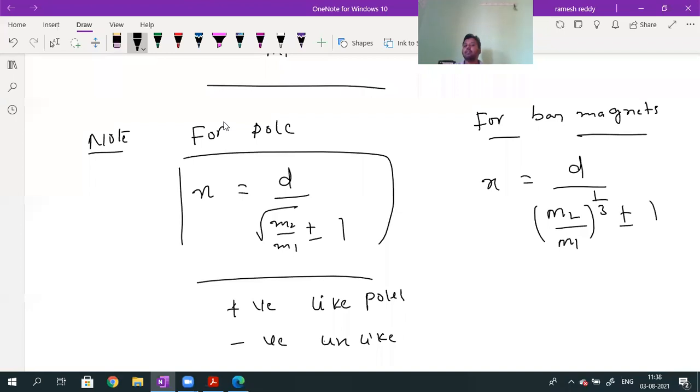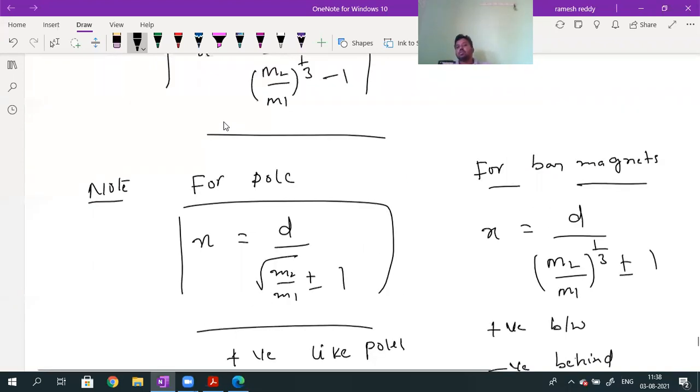Positive sign is for between the magnets, negative for behind the magnets. Okay? These conditions are understood. So this is regarding the bar magnet magnetic moment values.